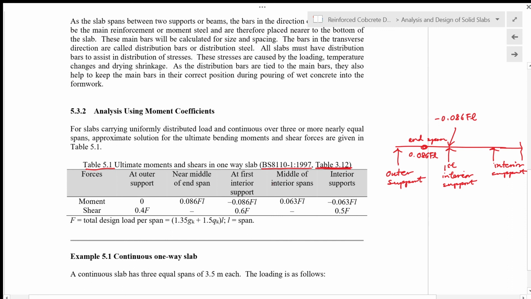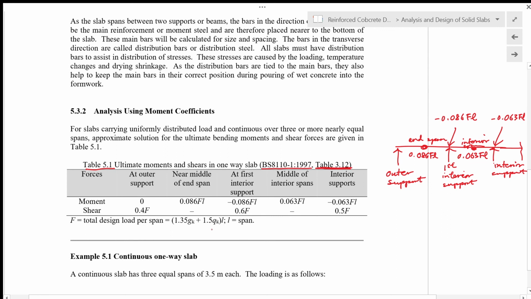Then the middle of interior span, this is considered the interior span. At the middle of the interior span, we have a moment of 0.063 FL. For the interior supports, we have a moment of negative 0.063 FL.